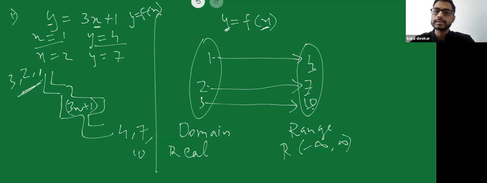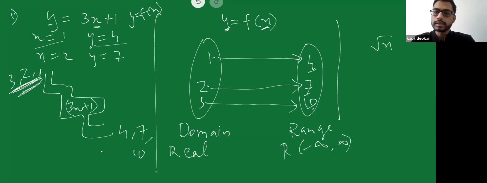What is the necessary condition for a relation to be a function? First of all, as we have seen, which values do I need over here? I need all valid inputs. If I put in an invalid input, my machine won't process. For example, let us consider a root x machine.